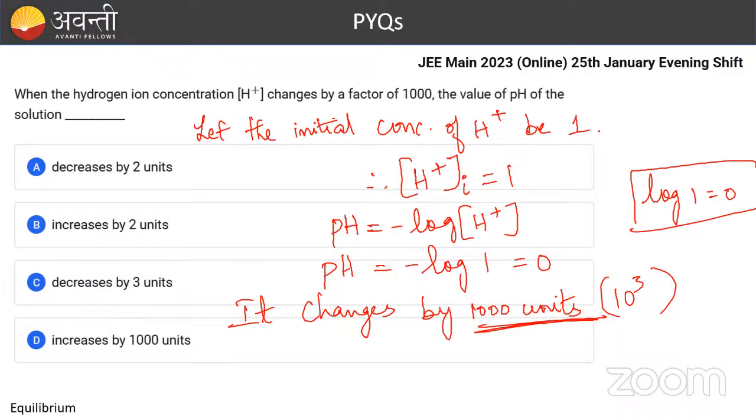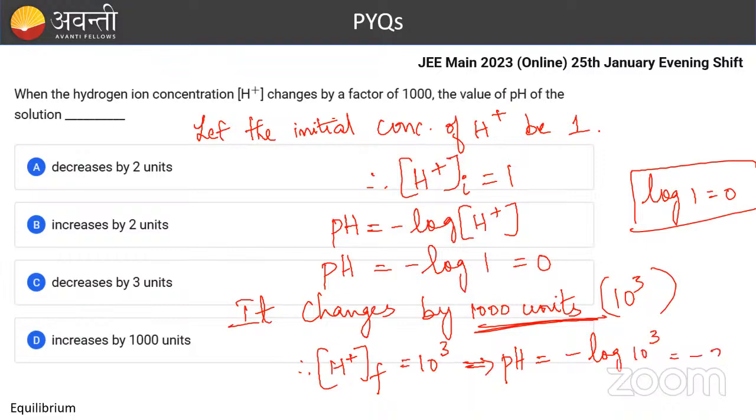So the final concentration of H plus is 10 to the power 3. Now on applying to this pH formula, what will you get? pH is equal to minus log of 10 to the power 3. So the answer will be minus 3, right?